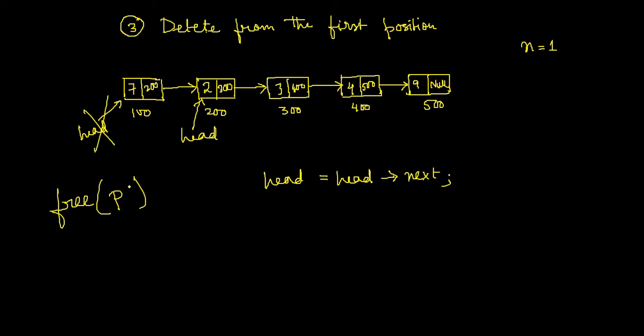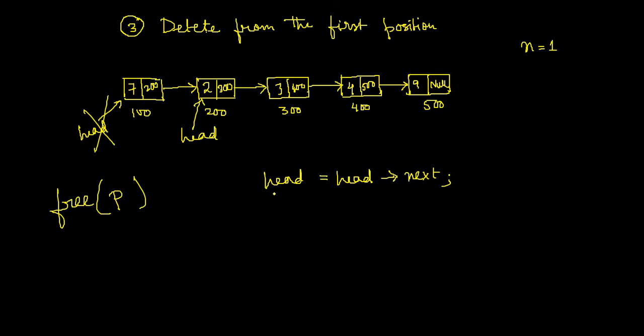The parameter that the free function takes is a pointer to something. It may be a pointer to an integer, a pointer to a structure, it may be anything. Right now I want to free this particular node, and this node is a structure. So I have to write free of some pointer which is pointing to this node.